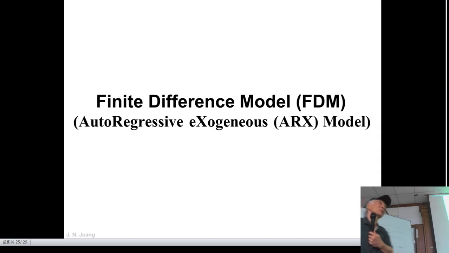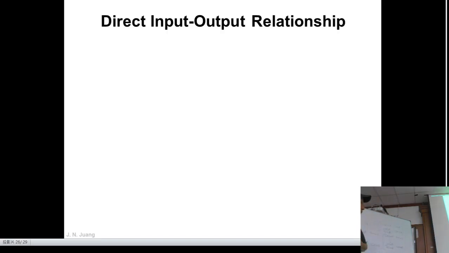Now, you can also describe your system by what we call a finite difference model. And they are all related. Which model to use depends on what application you want, or on your control objective. If you have a different control objective, then you use a different method, a different model.